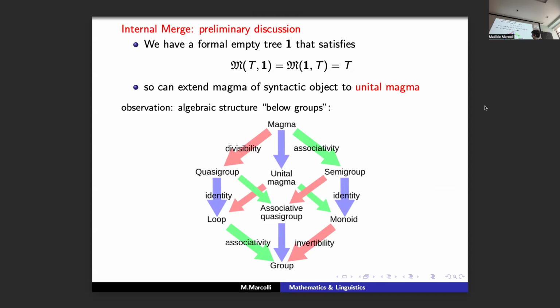But in the world of linguistics, you're usually going through this half of the picture. And of course, it just continues. You get semirings and all this other kind of structure, which will always tend to be on this side of the algebraic world.